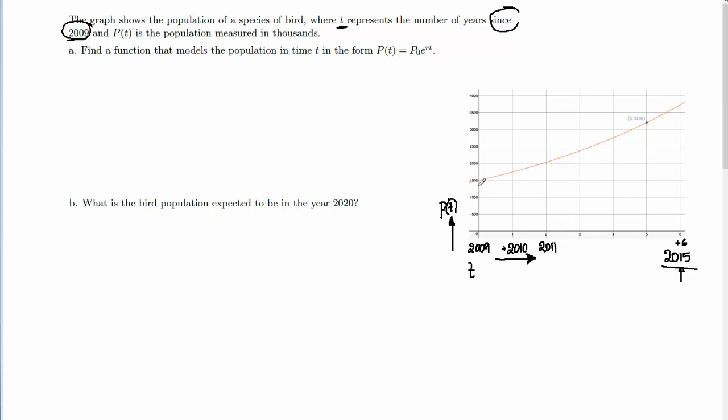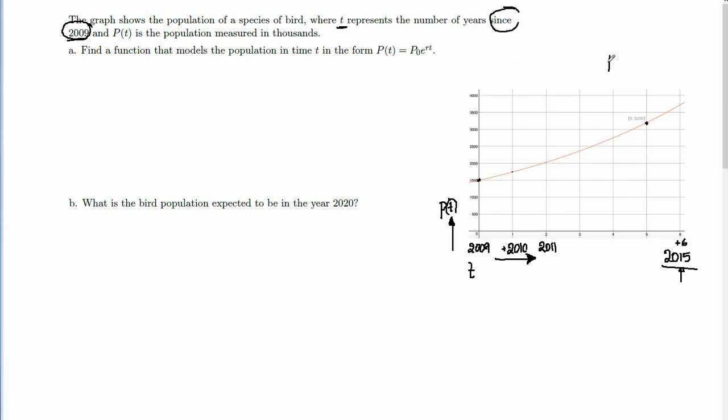The P of T also gives us the population at the specific year. So the initial population in 2009 will be 1500. After 1 year it will be somewhere between 1500 and 2000, so somewhere around 1750, and so on. And we can see right here that we have a point that is (5, 3200).